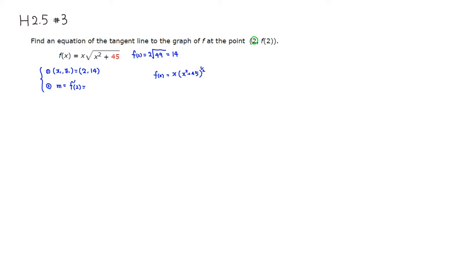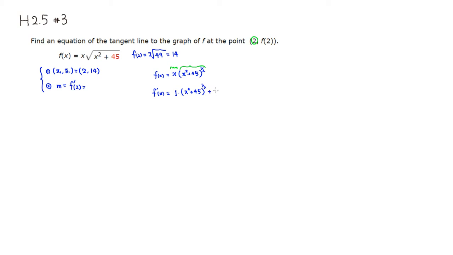It looks like we have two things multiplied together. This is our first guy, and this is our second guy. So we need to use the product rule. f prime of x is equal to the derivative of the first, which is 1, times the second guy, copied exactly, (x squared plus 45) to the 1/2 power.